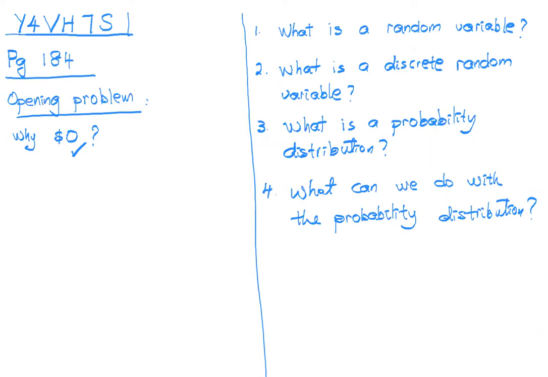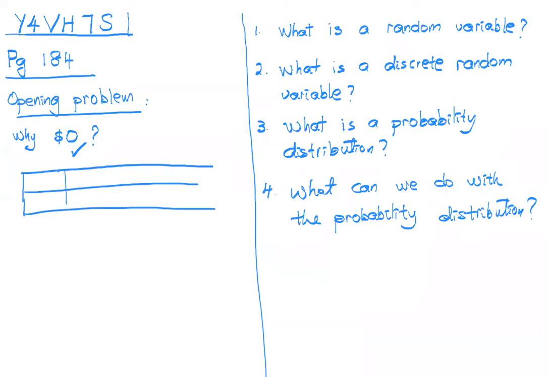If I don't give you the table and I ask you to produce a table, can you produce it? So I'm asking you, why under the price value must there be a 0 here?